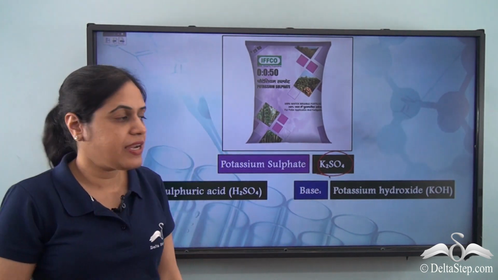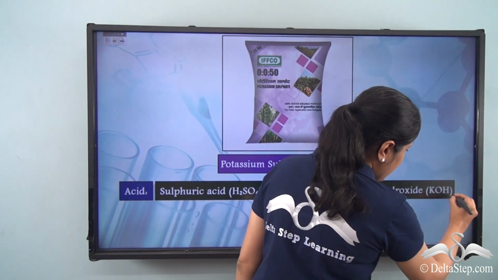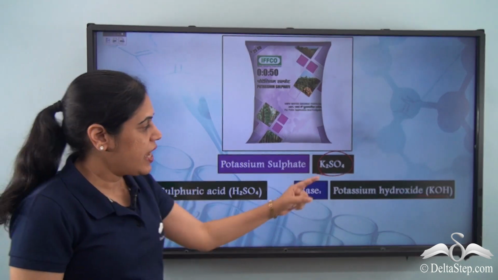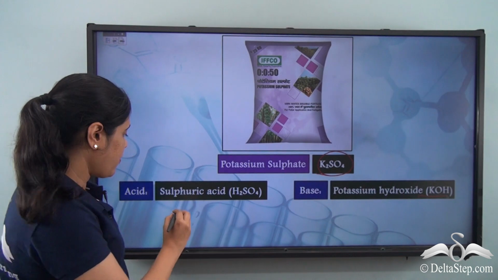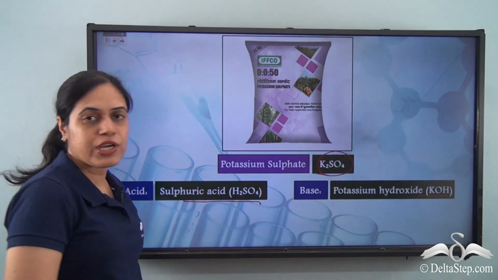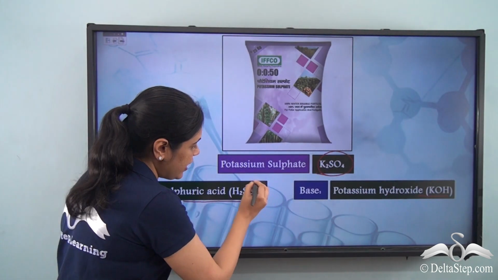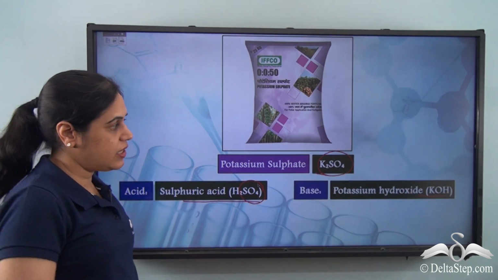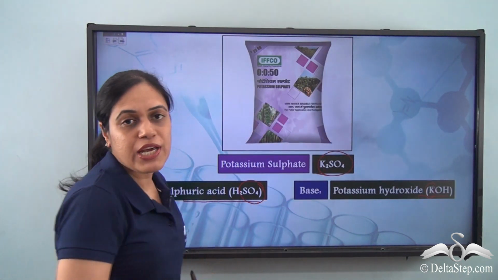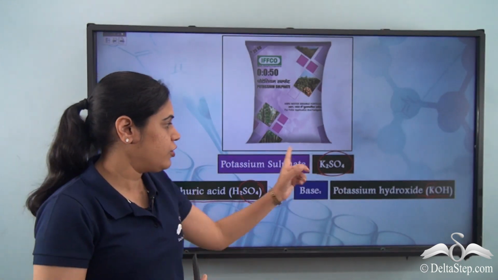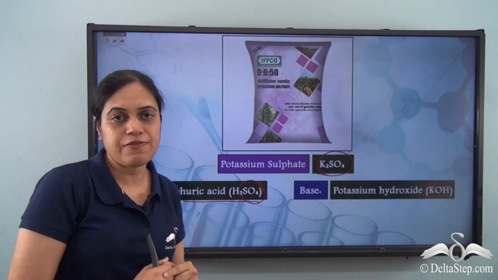The potassium ion comes from the base potassium hydroxide, and the sulfate radical comes from the acid sulfuric acid. These join together to form potassium sulfate.